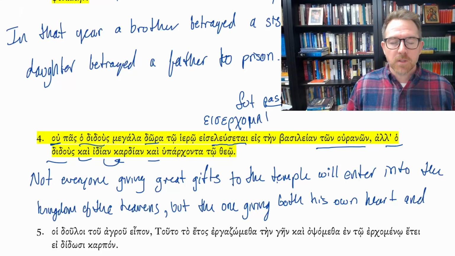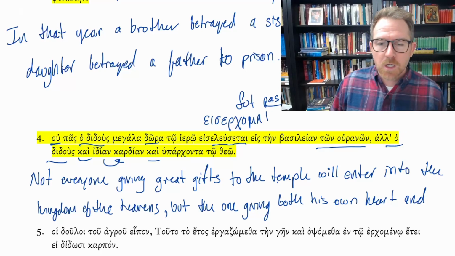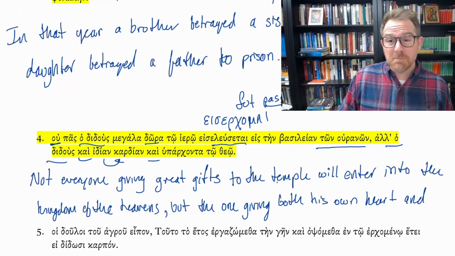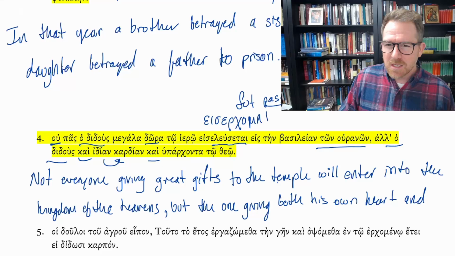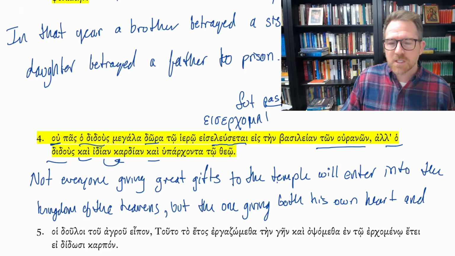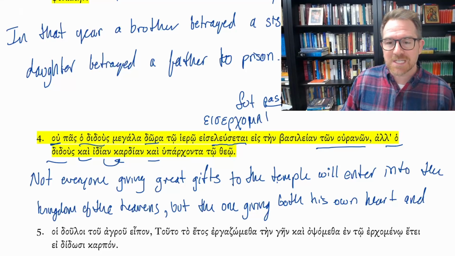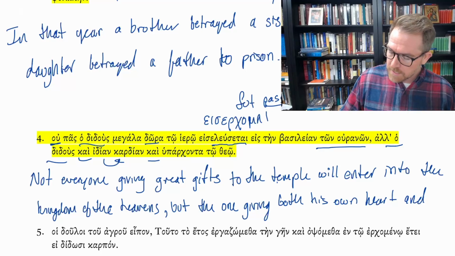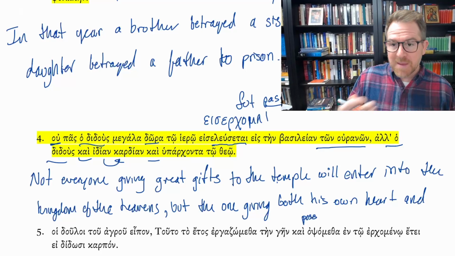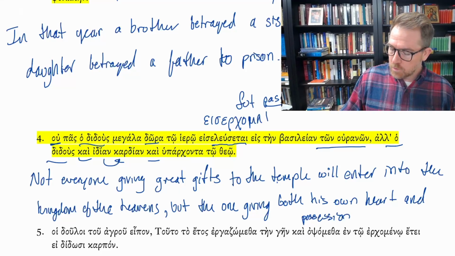Here is the neuter participle from hyparchō. Hyparchō usually just means something like possessions. It's an existing, like to be or to exist, but it's often used, especially in the neuter, to refer to stuff. So, and possessions, the things being to him, to God. So this is a couple examples.